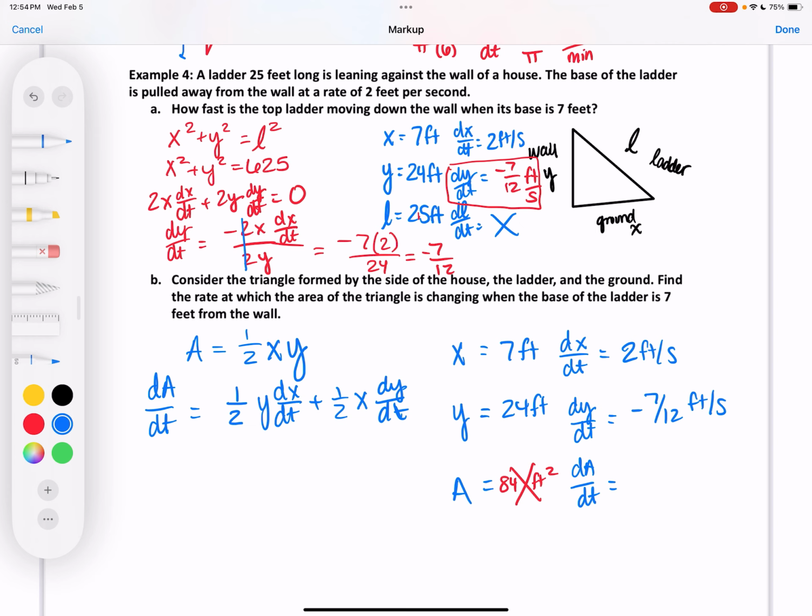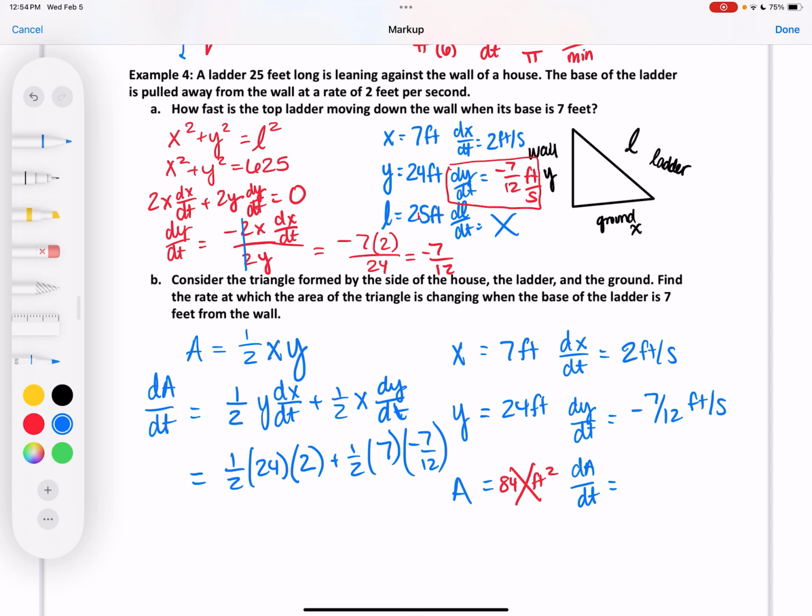And now I plug in the information, because I'm solving for dA/dt, so I don't need to move anything around. So this is 1/2 times 24 times 2 plus 1/2 times 7 times, oh gosh, this is a weird one, -7/12.